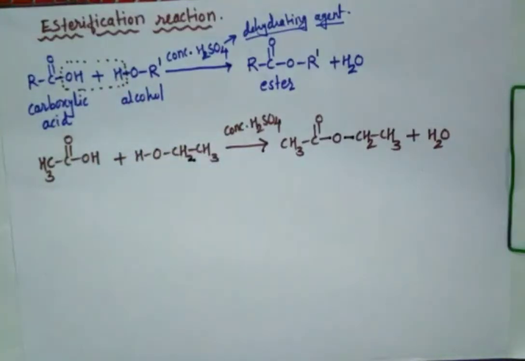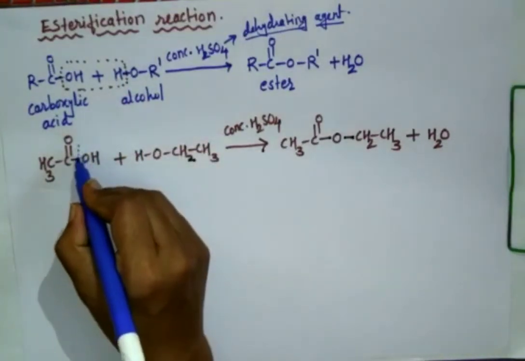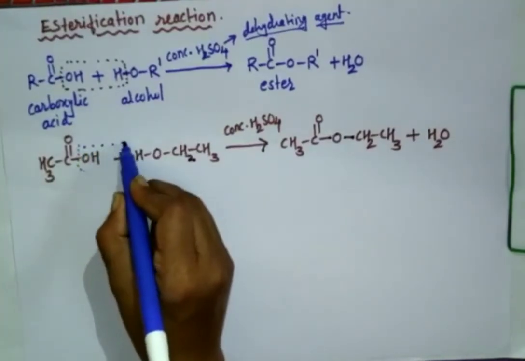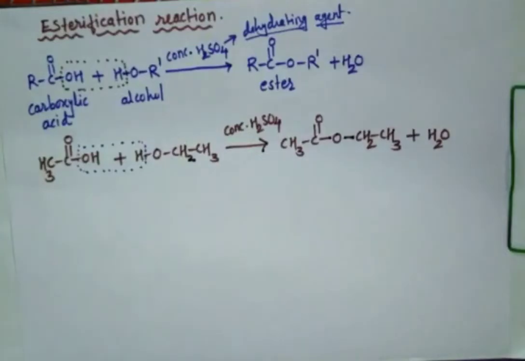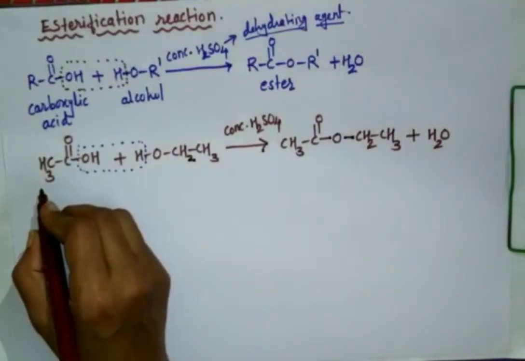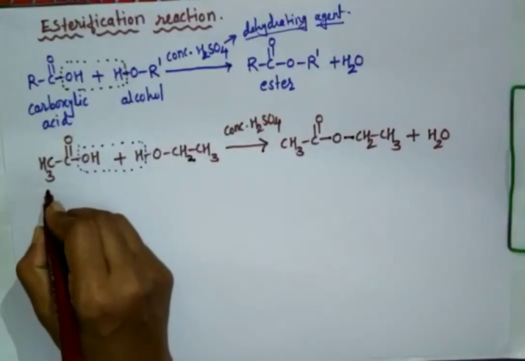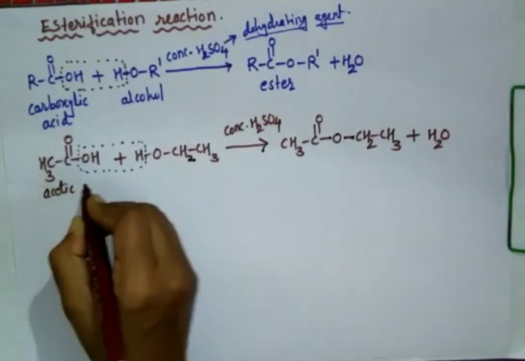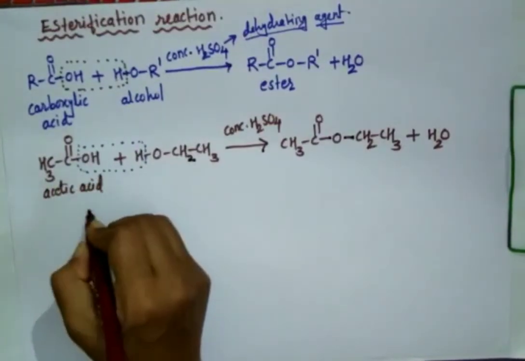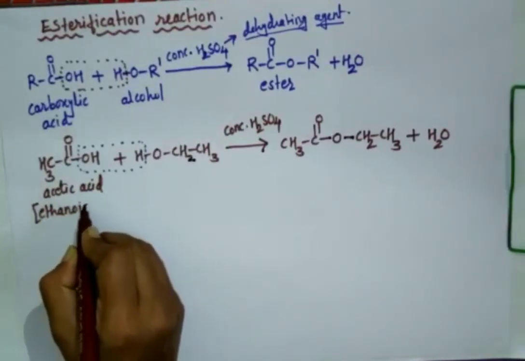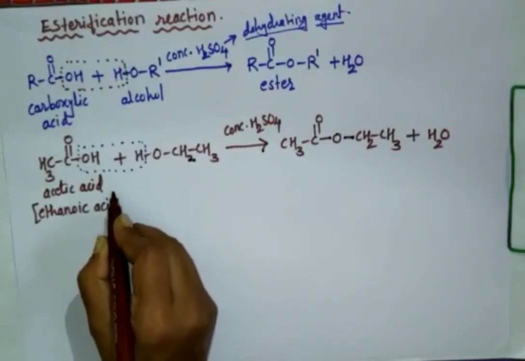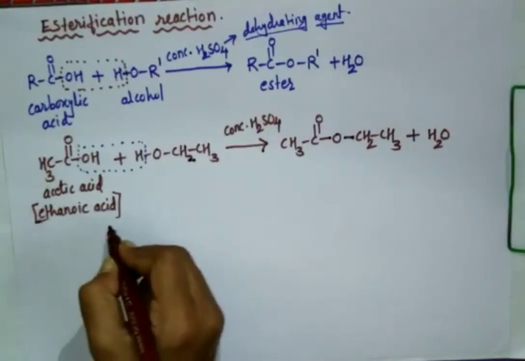Same here in the case of the reaction of acetic acid with ethanol, it will form ester plus water. So this is acetic acid, its common name; the IUPAC name is ethanoic acid. In the bracket I have written the IUPAC name.